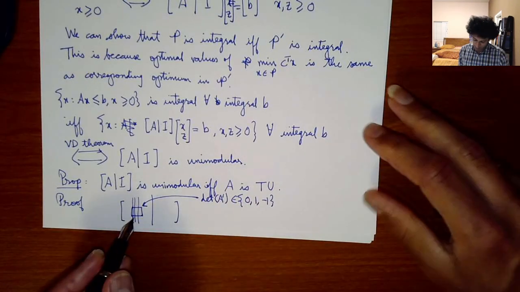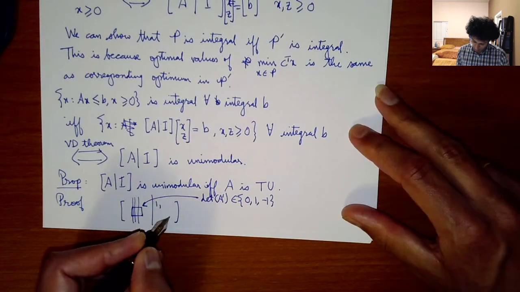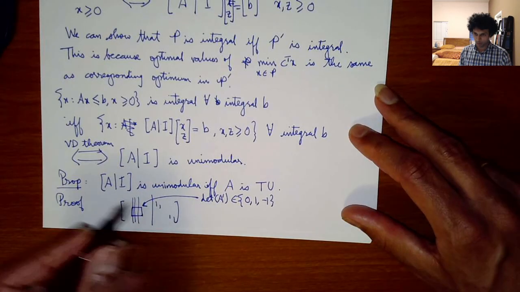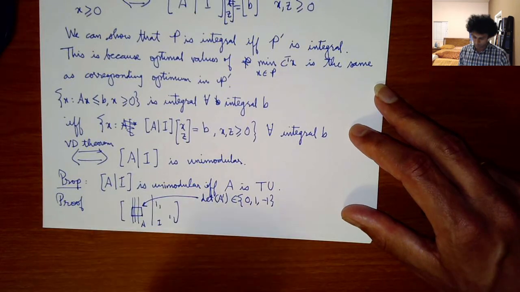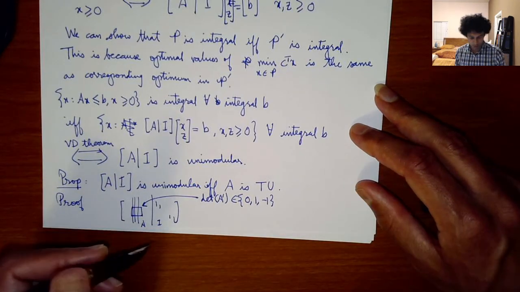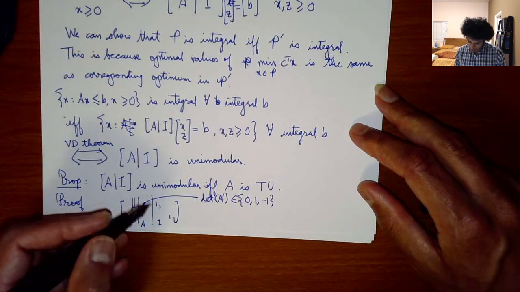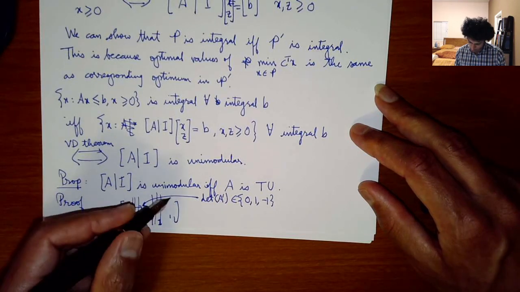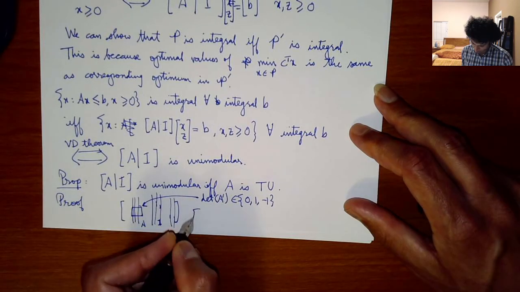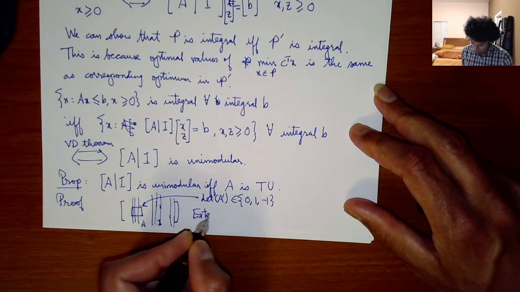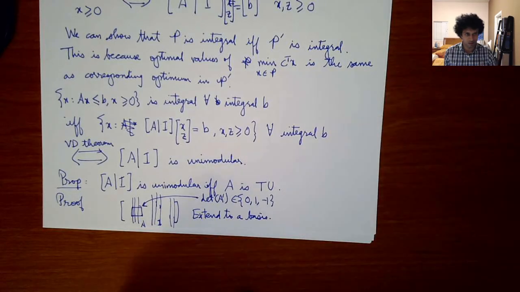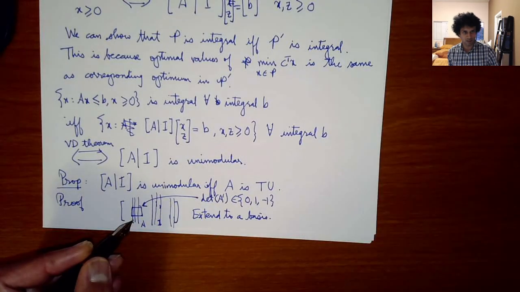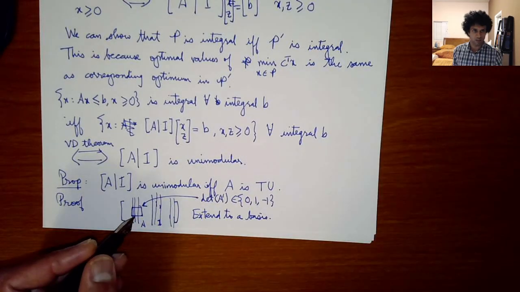Then we can look at this matrix over here. We took [A I], so this is A, and this is just the identity matrix. If the determinant is non-zero, you can take these columns and then take a bunch of other columns here to extend to a basis. This is possible because the determinant of A prime is non-zero. If the determinant was 0, then you couldn't extend, but then it's 0 anyway, so you're done.